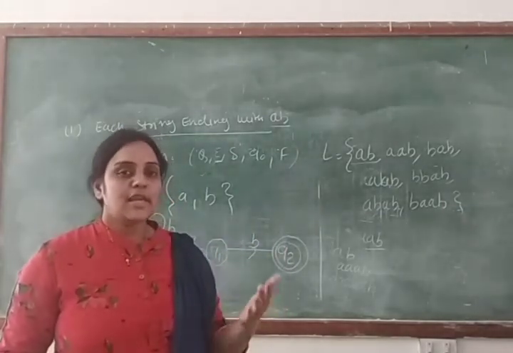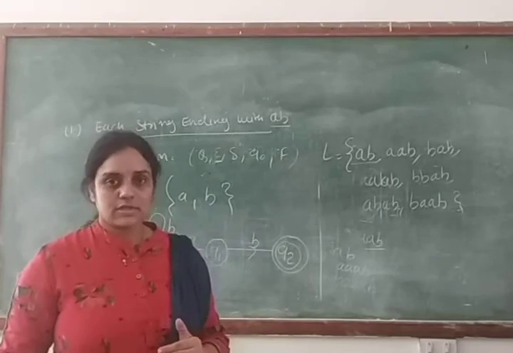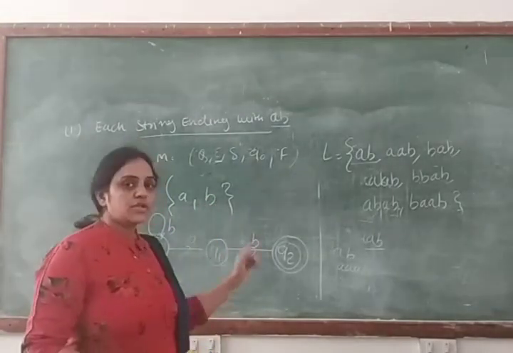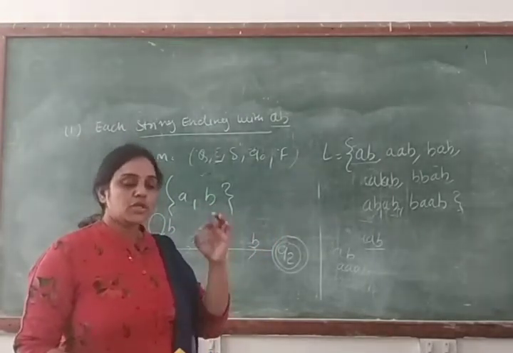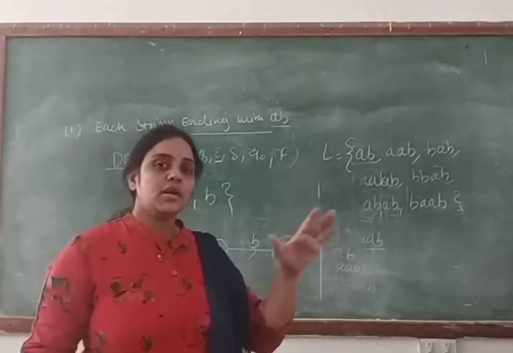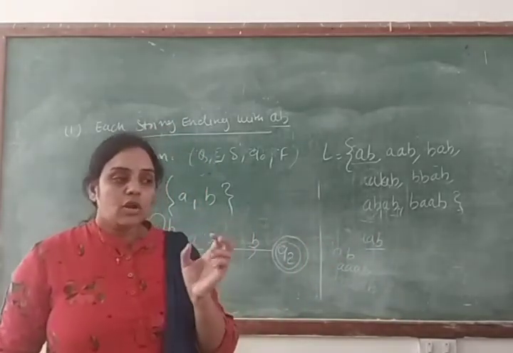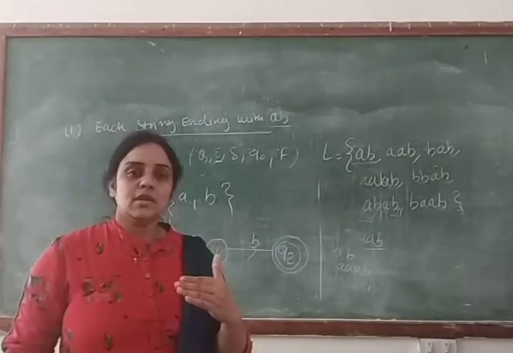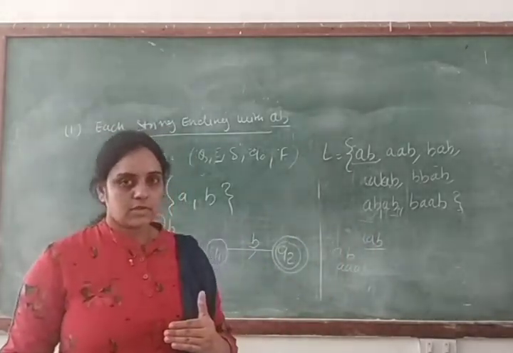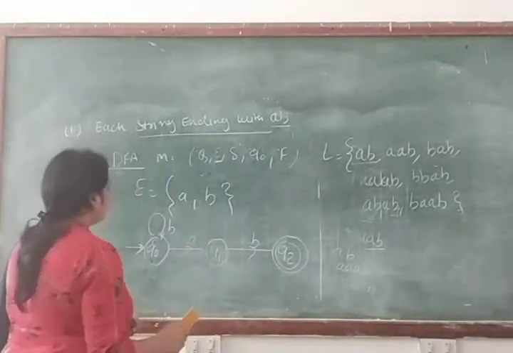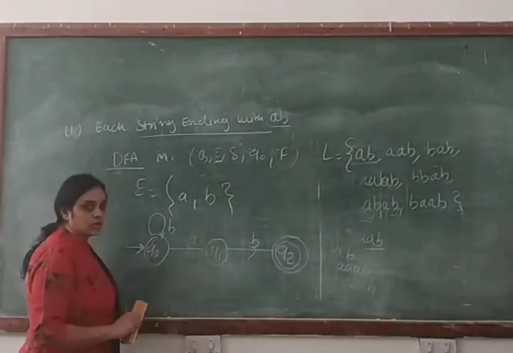You are not designing your machine for the particular language. Clear? So your machine should accept all the strings generated by the language, and it should not accept any string which is not part of the given language. Clear? So now we cannot make a transition from Q1 to Q0.